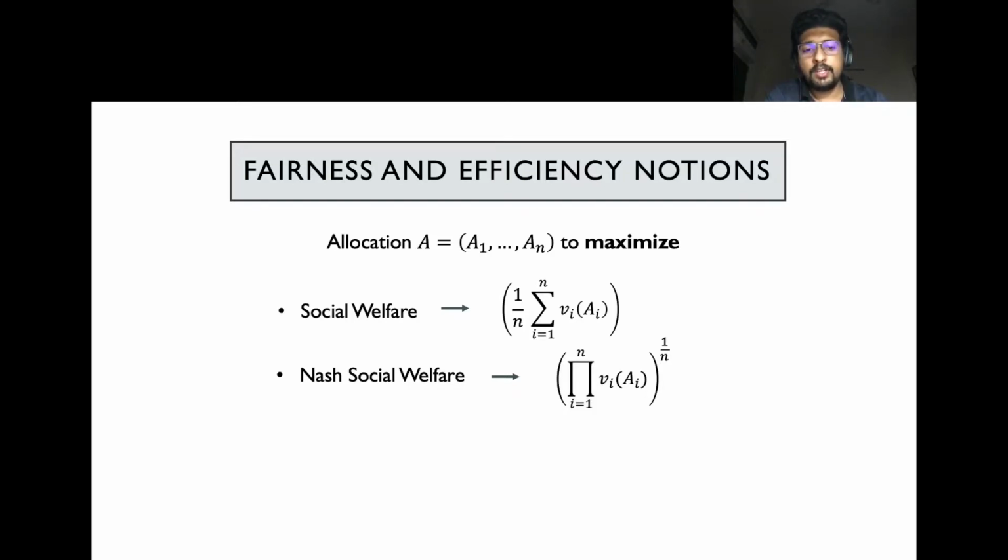Another notion is to maximize the net social welfare, which is the nth root of the product of utilities of agents for the bundles they have received. Yet another would be to maximize the minimum utility of the bundle received across agents.